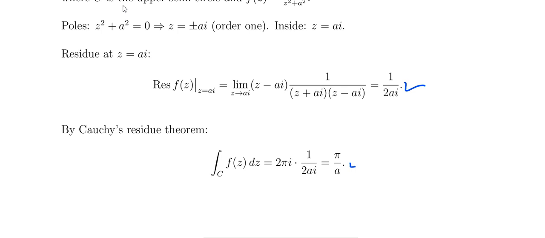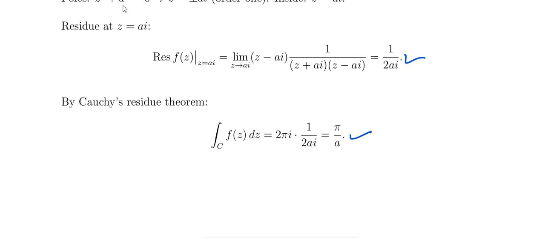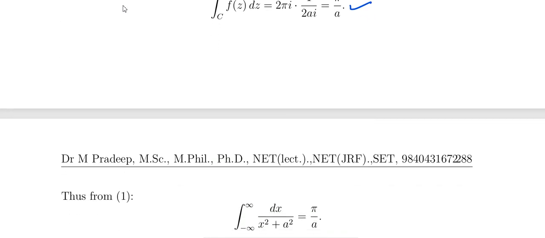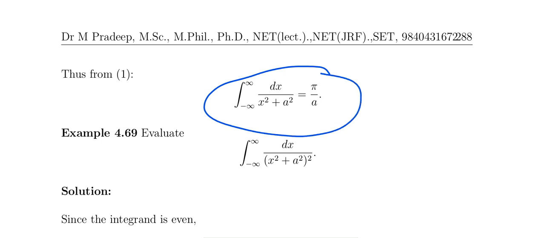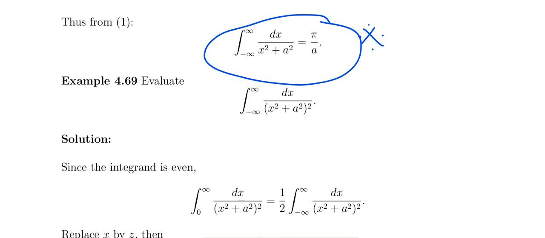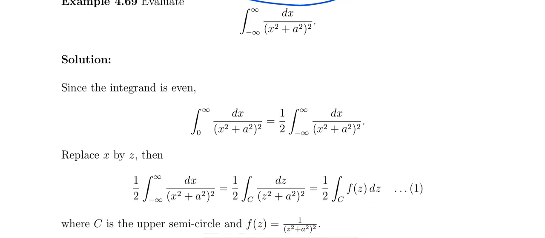So this is equal to pi by a. So the value of this integral is pi by a. So integral from minus infinity to infinity dx by x square plus a square is pi by a.